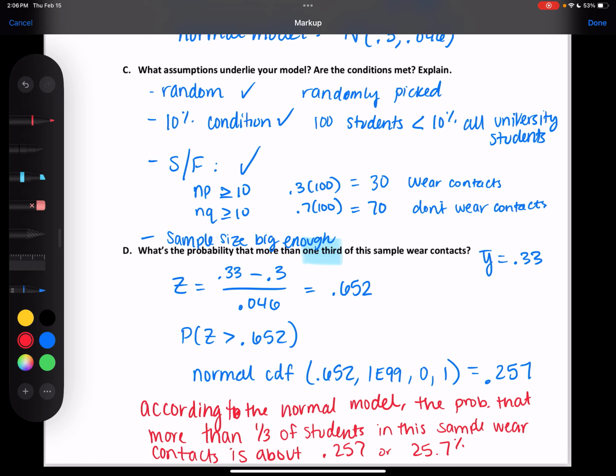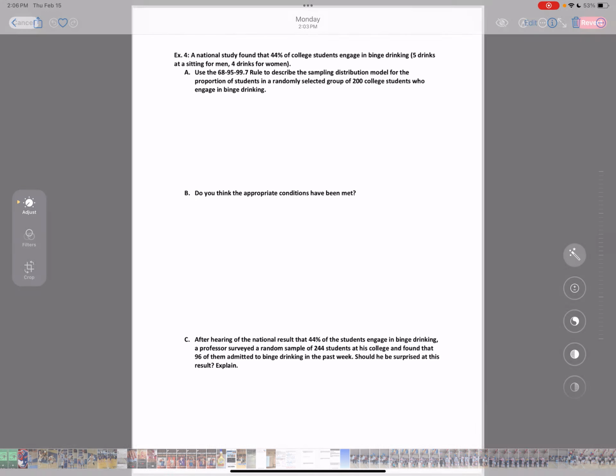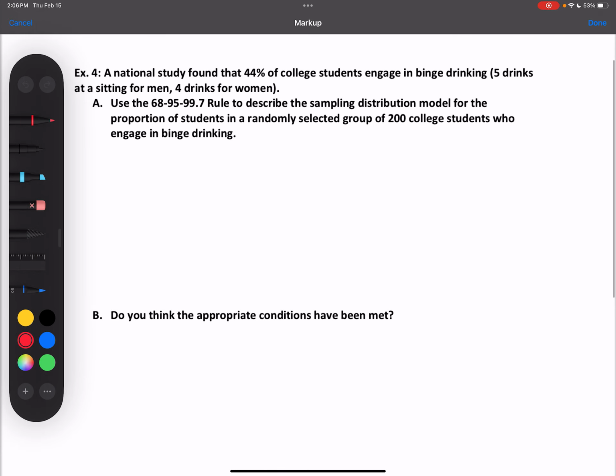All right, we get all that. All right, notice part B is the conditions on this one. A national study found that 44% of college students engage in binge drinking.